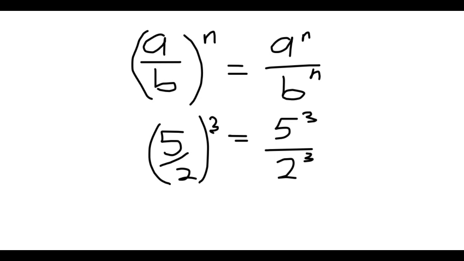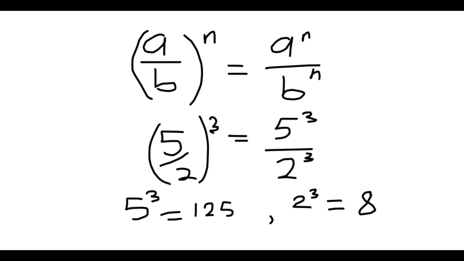Simplifying the numerator and denominator respectively, 5 power 3 is 125, which means multiplying 5 three times. Likewise, 2 power 3 gives us 8.